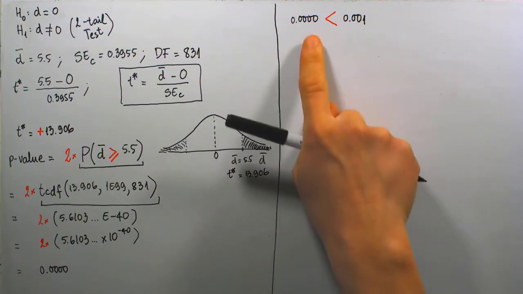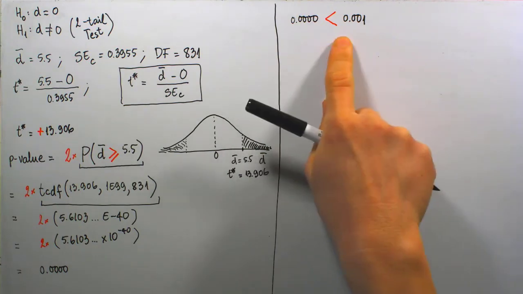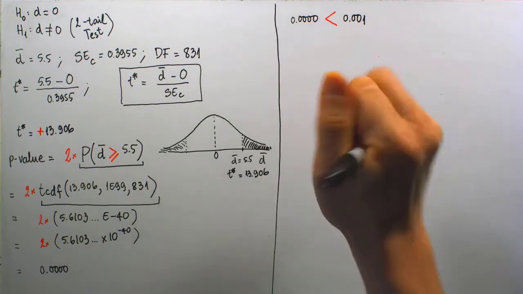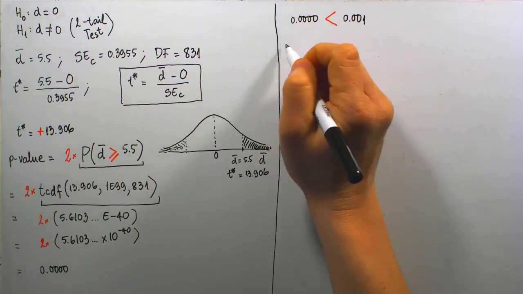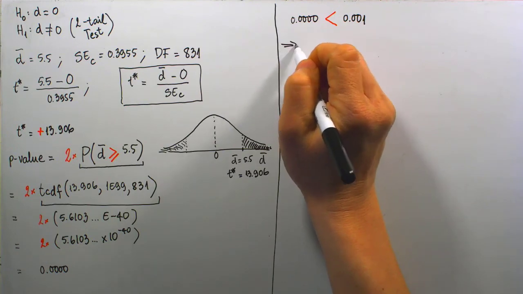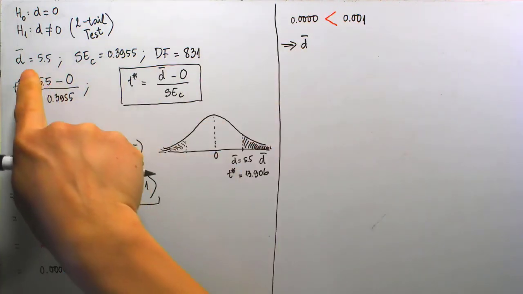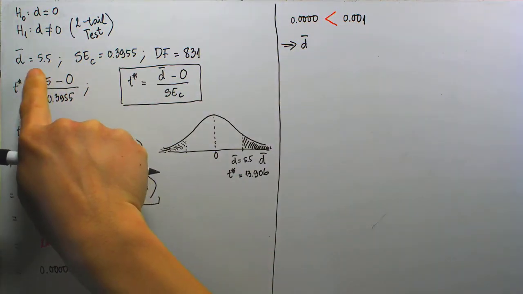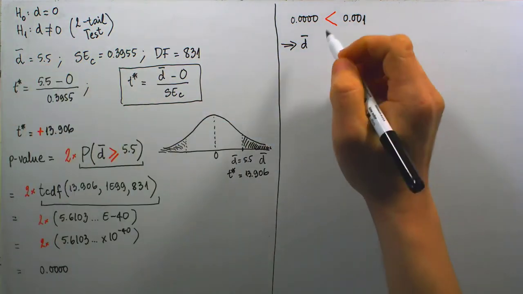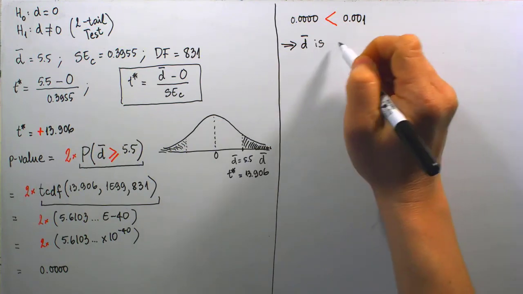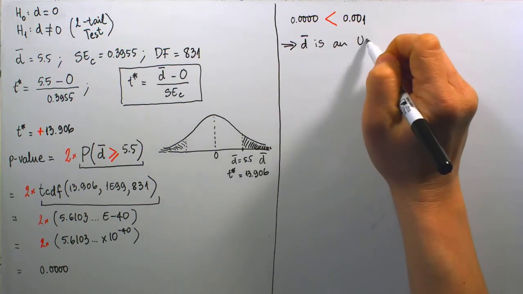And so having our p-value fall below the significance level leads to our conclusion that d bar, as our sample, being the difference in the two sample means here, is an unlikely sample.